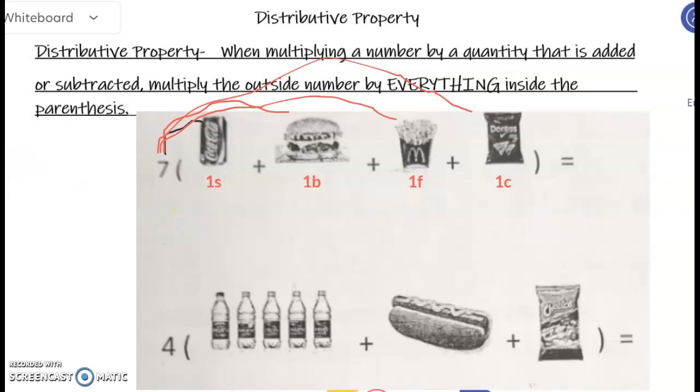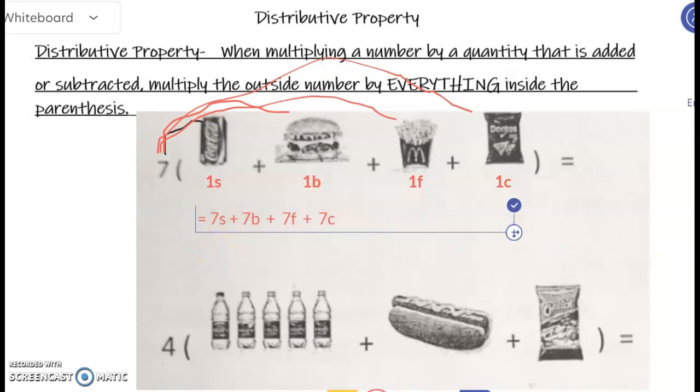You're going to do the happy rainbows, which means you're going to swoop to each of these items, and you will end up with 7 times 1S is 7S, 7 times 1B will be 7B, 7 times 1F will be 7F, and then 7 times 1C is going to be 7C.